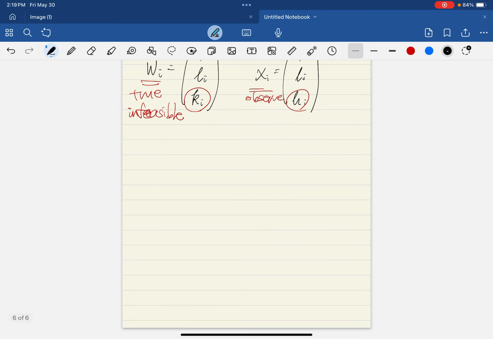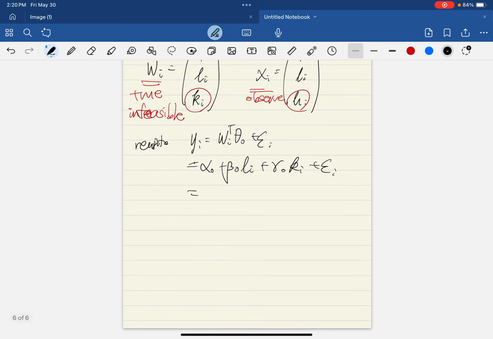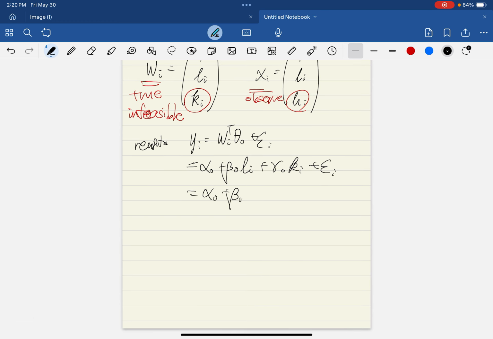In this case, what we can do here is rewrite y, which is w transpose theta 0 plus epsilon, as alpha 0 plus beta 0 l_i plus gamma 0 k_i plus epsilon. I try to replace k with h this way.